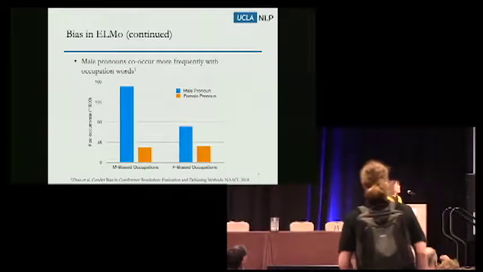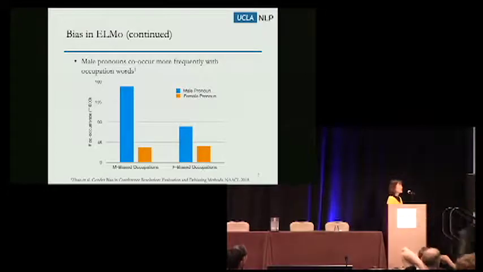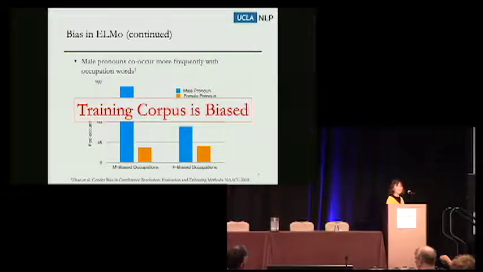Also, as we are interested in gender bias, one way is to look at how people are mentioned in the sentence. So we also count the co-occurrence of male and female pronouns with different occupations like doctor or nurse. Again, we see that the data set is biased towards male pronouns, no matter what the gender inclination of the occupation was. So we see that the training corpus is biased.